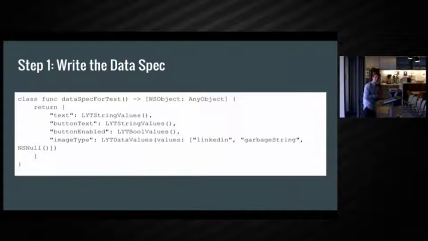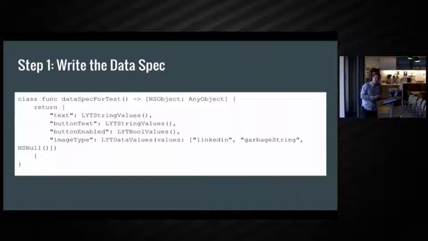So the first step is writing the data spec. Generally, we write these as an extension on the view we're actually trying to test. We can commit this extension to the testing target, so none of this code needs to actually affect your real application. So the job of this basically is to provide the data which you lay out the view with.